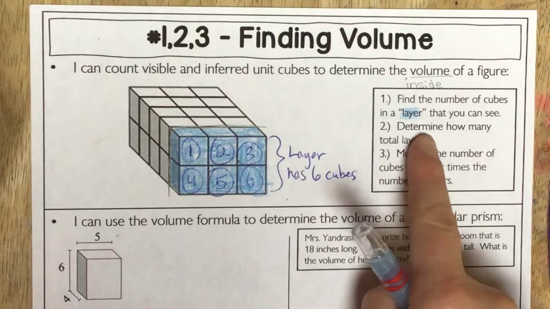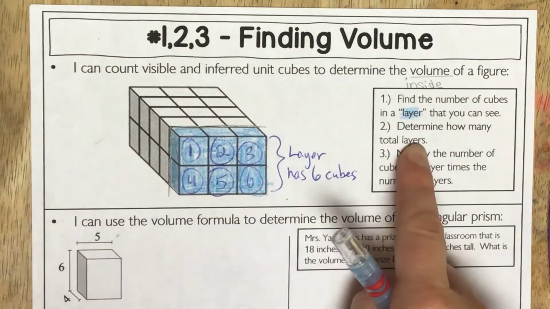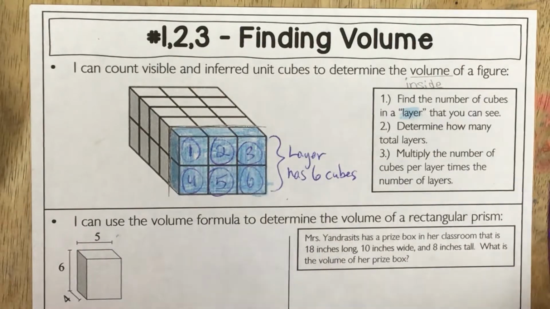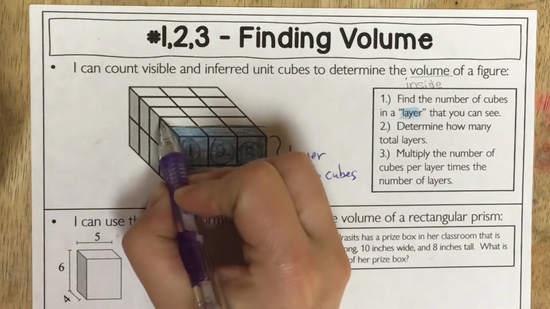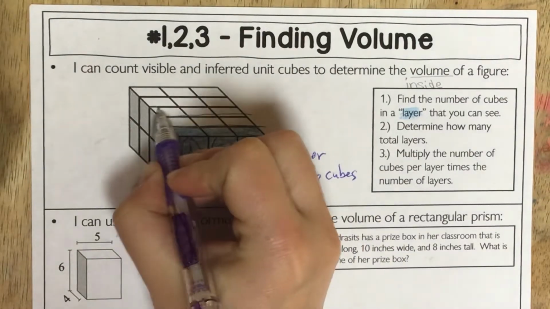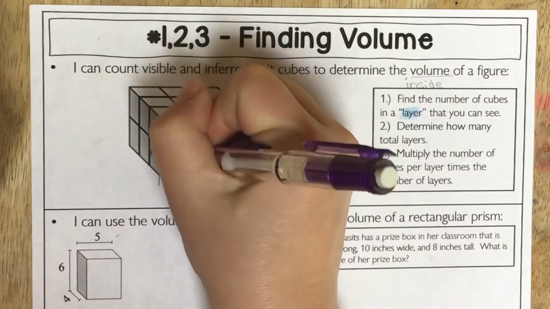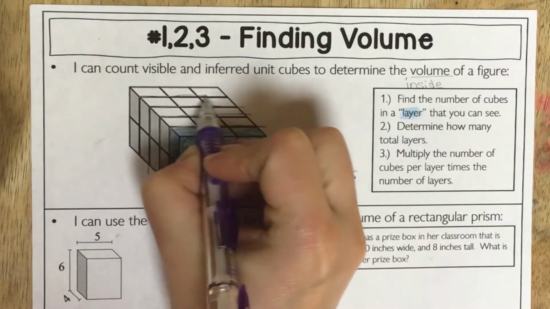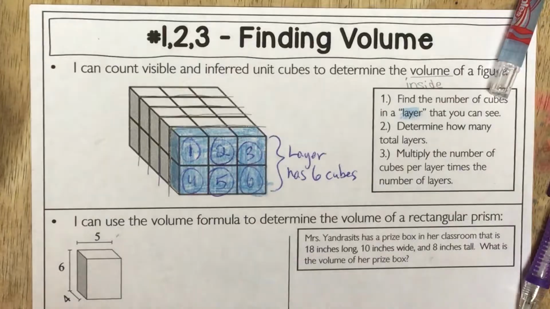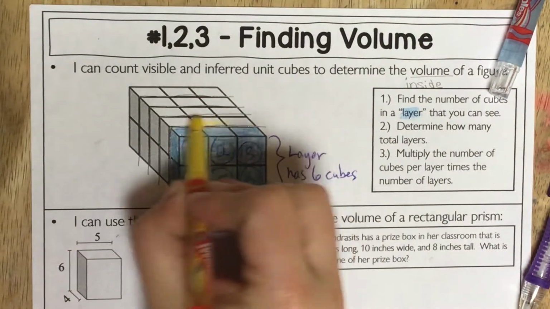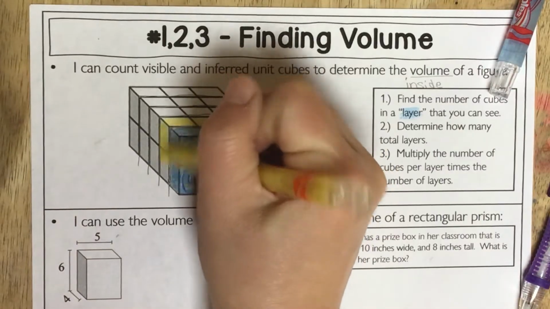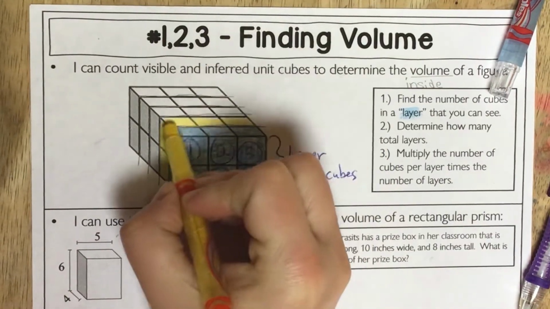My next step is to determine how many total layers we have. So we colored our first layer blue. Behind it, I can see I've got another layer right here, and another layer right here, and another layer right here. So I'm going to color each layer a different color. It doesn't really matter if you match my exact color order, but it will make your notes easier to see.